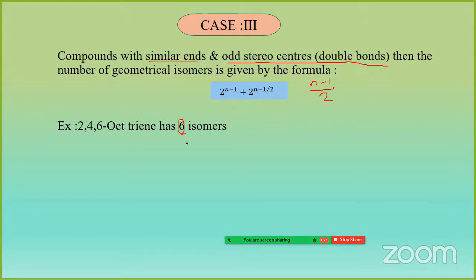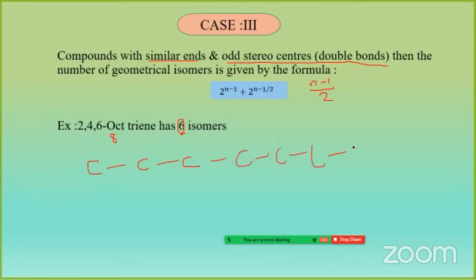Octatriene. Oct means how many carbons? 8 carbons. So here we can write 8 carbons: 1, 2, 3, 4, 5, 6, then 7 and 8. So like this we are taking 8 carbons.